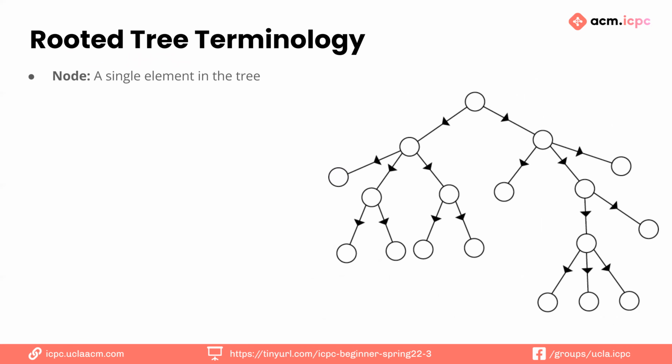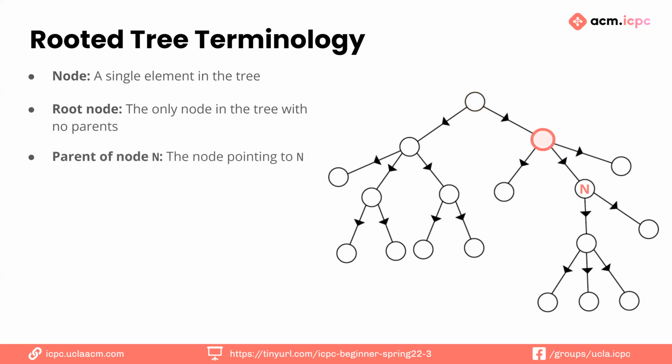Now let's go over some terminology of trees. Here we are using a rooted tree, which you'll understand what it means very soon. So a node is just anything in a tree, like this one. And a root node is the only node in the tree with no parents. So the one on the top, here we denote as the root node. So a rooted tree is a tree with a root node.